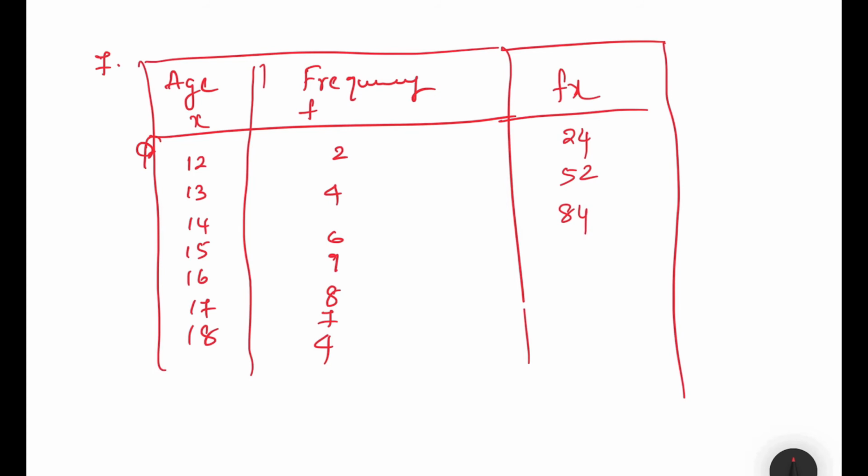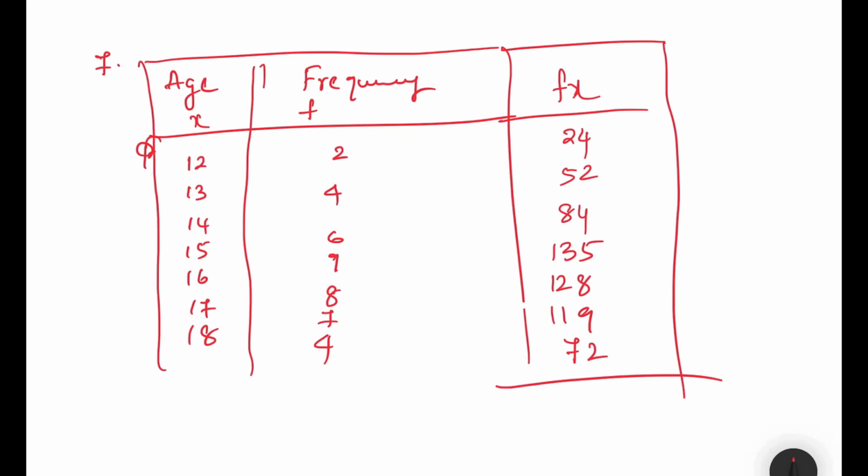Similarly 15 9s are 135. 16 8s are 128. 17 7s are 119, and similarly 18 4s are 72.